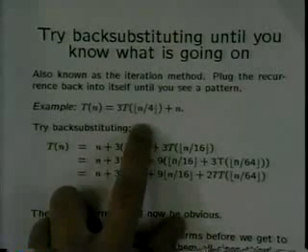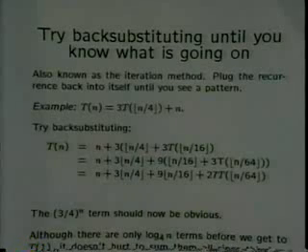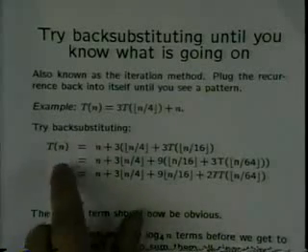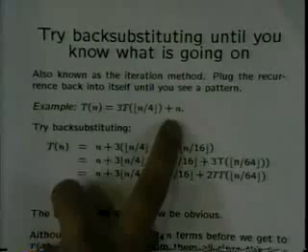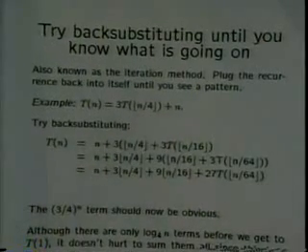The way that I would solve it is by taking the recurrence relation and plugging itself in for it. So what do we know? T(n) is going to be equal to n plus 3 times T(n/4).